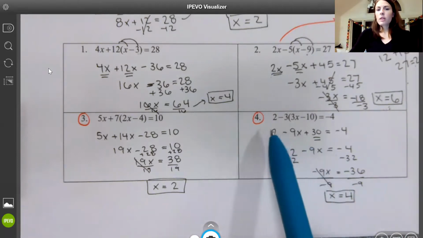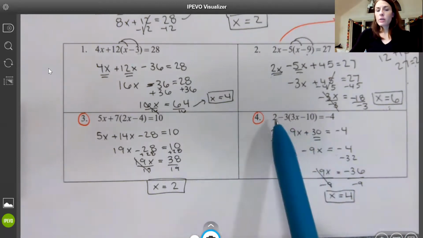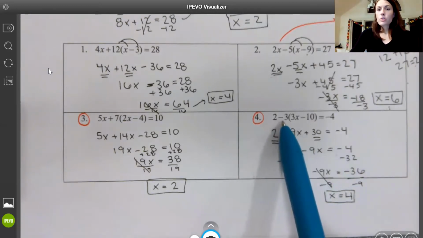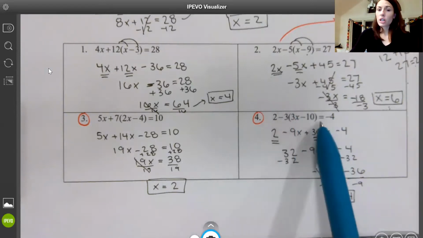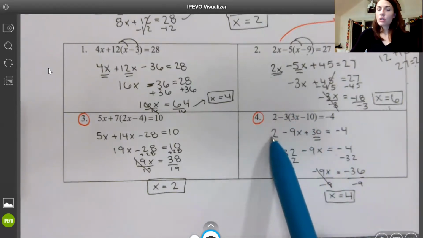I also feel like when it's set up the way 4 is, students have a tendency to do this addition subtraction first. So just remember that that's a not okay thing to do. That's incorrect order of operations. So we have to deal with this multiplication here, or distributing, before we can combine this 2 with anything that it's a like term with.